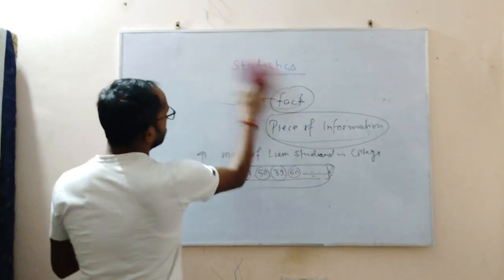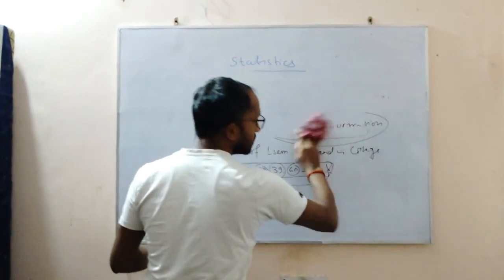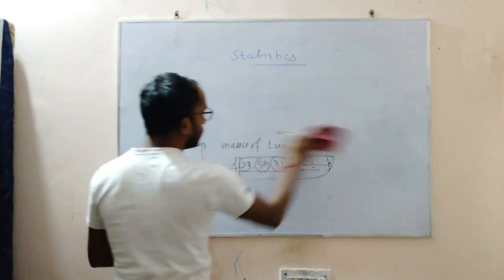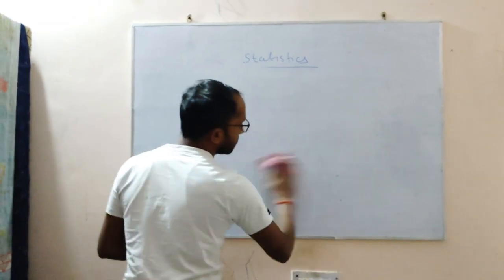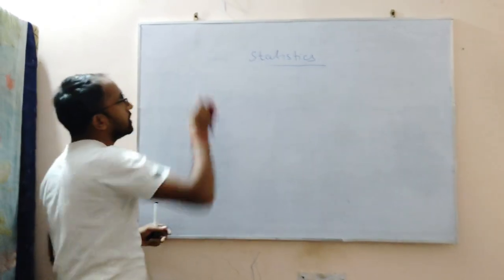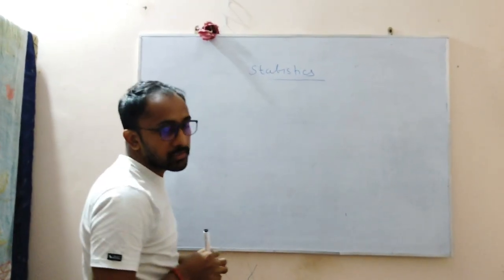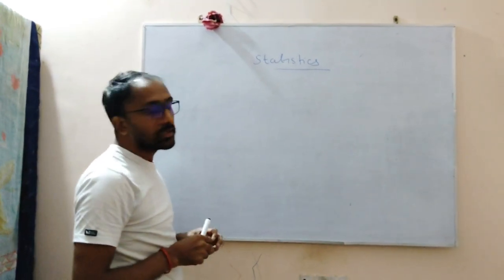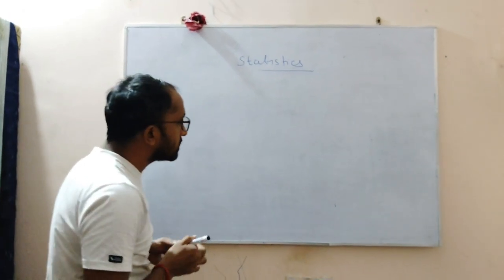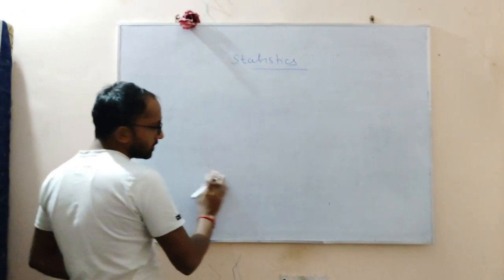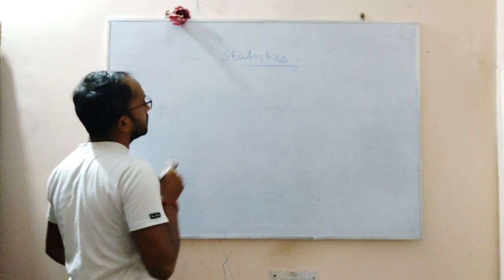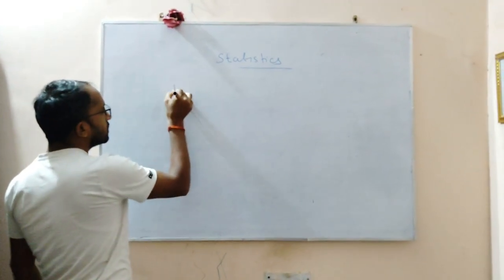So in the first definition, what did we learn? Statistics is a branch of mathematics, or the science of collecting, organizing, analyzing, and presenting, and so on.